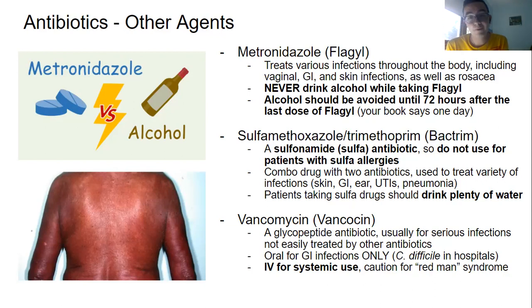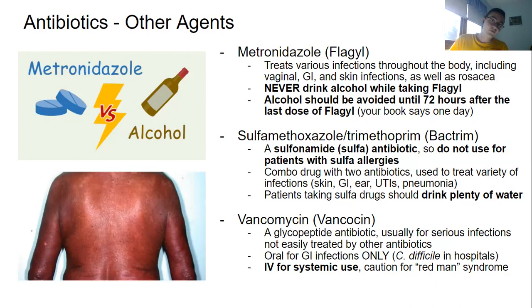And then we also have vancomycin. You'll see it very commonly in hospitals. All the pharmacists are verifying those vanco troughs all the time. They have to monitor the peaks and troughs of the vancomycin concentrations in people's bodies. It is a glycopeptide antibiotic, usually used for serious infections that are not easily treated by other antibiotics.